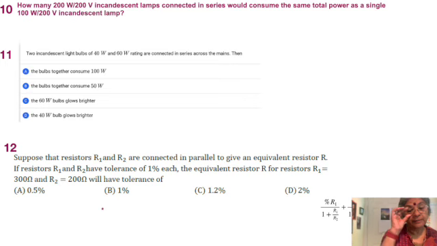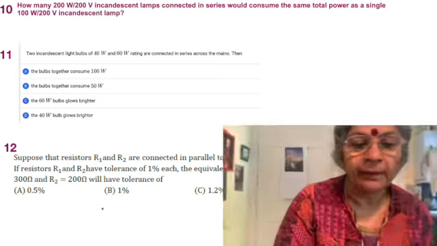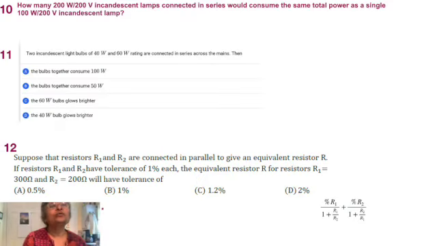So now the relationship is given here, you had better remember it, but then it's going to be at the most 1 or a little less than 1, that's all. So it can't be 1.2 or 2, it can't be 0.5, which is too little. So the relationship is R1 divided by 1 plus R1 by R2. If R1 is equal to 300, then the percentage, 1%, divided by 1 plus 300 by 200, that is 1.5.